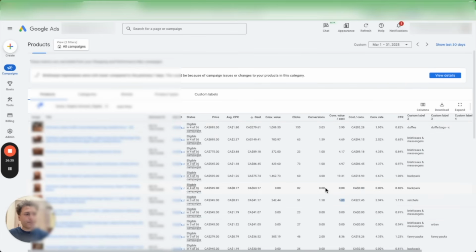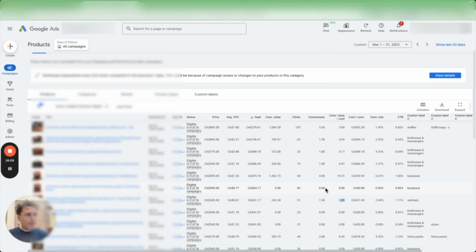So overall, what needs to be done here is to check your products for the last 7 days, 14 days, 30 days, 45 days, and 60 days, and see if they have performed consistently well, or consistently poor. If a product hasn't brought any sales, then definitely you would want to exclude it and let other products shine.